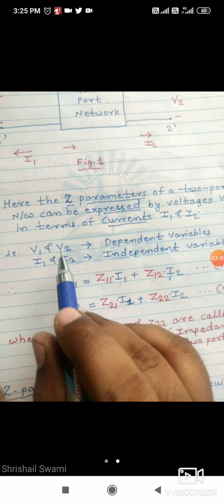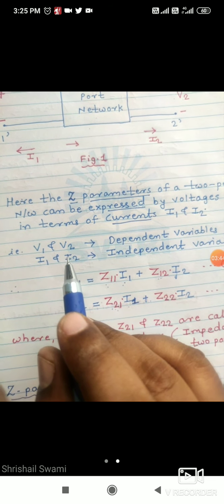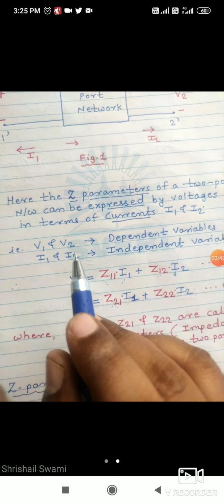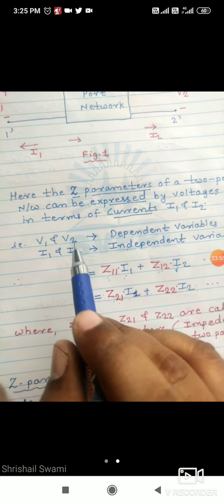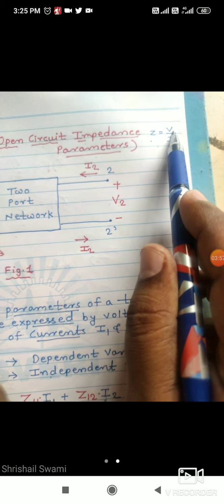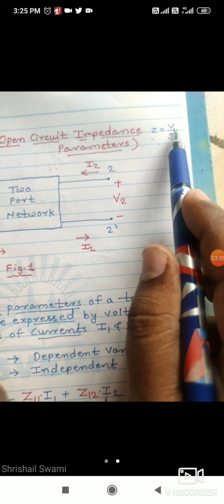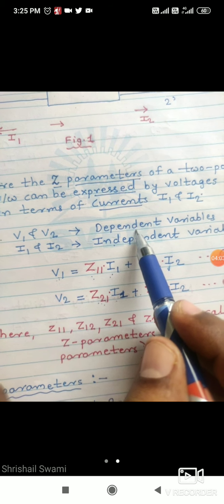As we already learned in the introduction of the two-port network, any two variables you consider as independent, while the remaining two variables become dependent. So you can choose. Here the Z parameter means V divided by I, so V must be on the left-hand side of the equation. V1, V2 are considered dependent variables, and I1, I2 are considered independent variables.